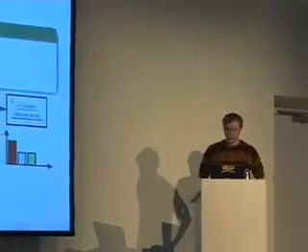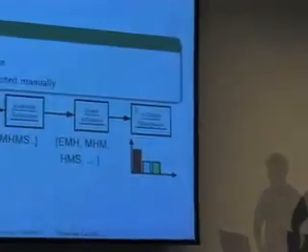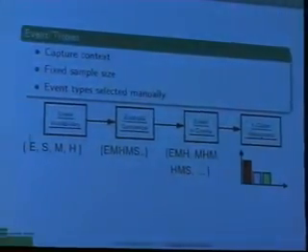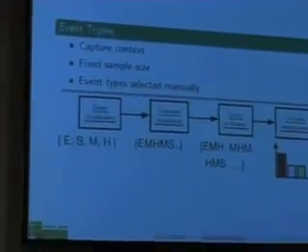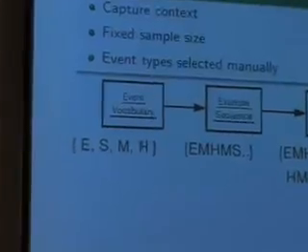So, now let's look a little bit at how we can actually recognize activities from that. One approach that's pretty easy is so-called event triples. What you have is an event vocabulary. This is E for entering, S for stopping, M for moving, and H for holding.